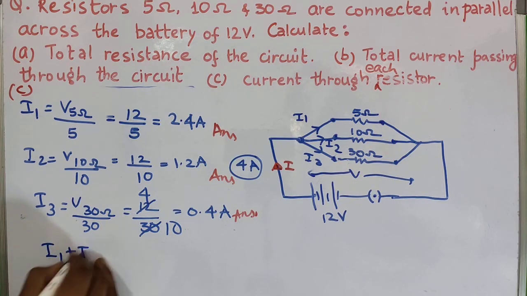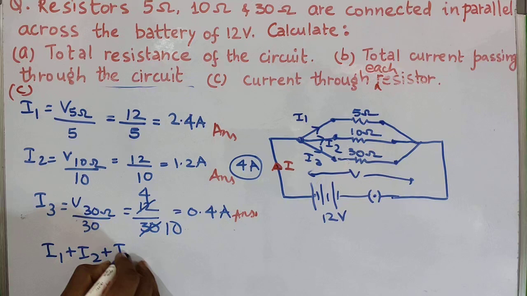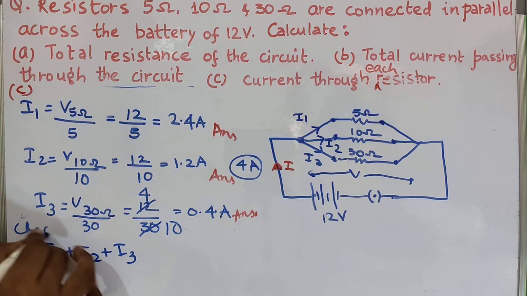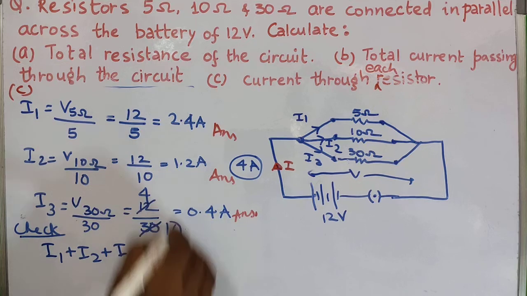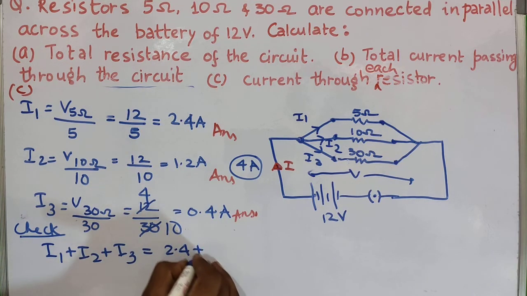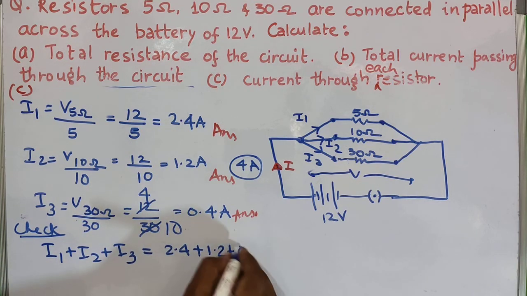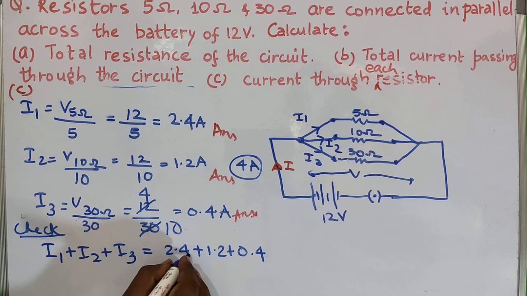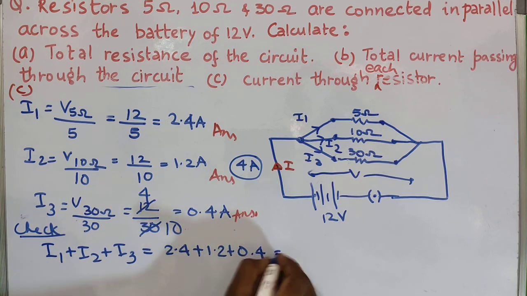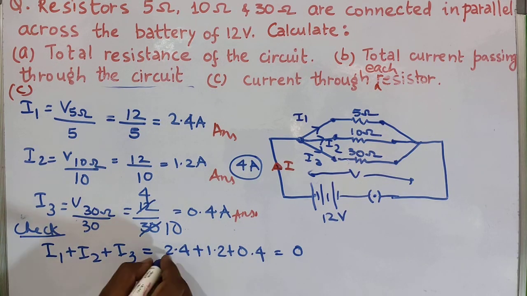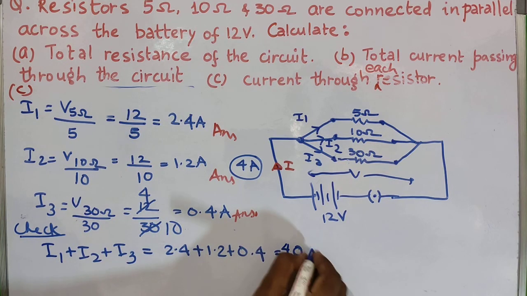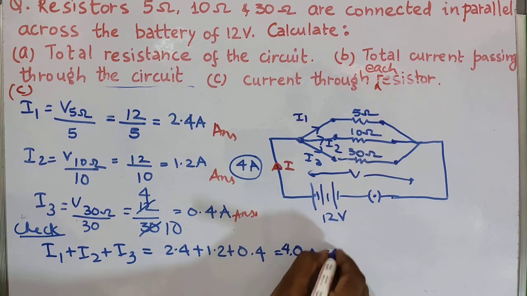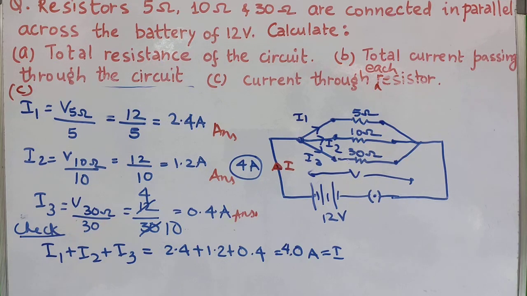I1 plus I2 plus I3: 2.4 plus 1.2 plus 0.4. So it is 4 amps, the total current I passing through the circuit.